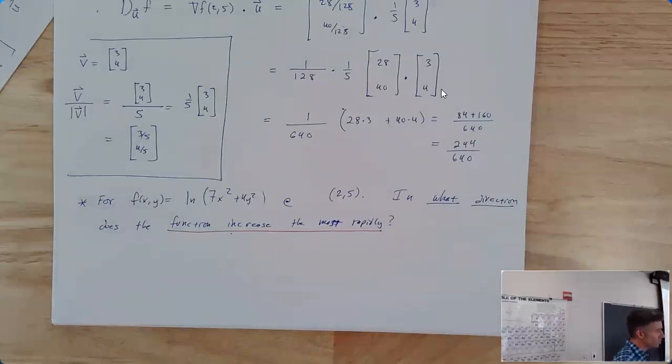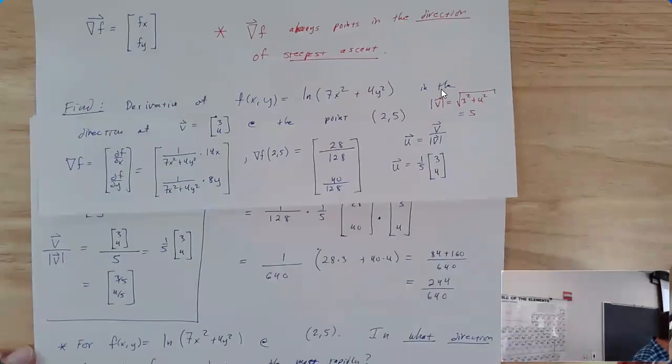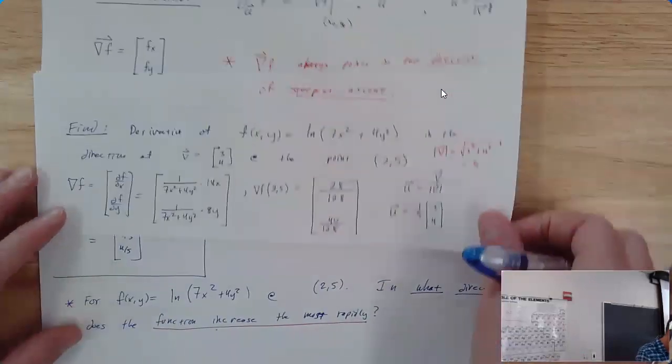The gradient. So when someone asks, in what direction does the function increase the most rapidly, or in what direction is the derivative the biggest, or in what direction is the slope the steepest, they're asking you for the direction of the gradient. Now let's be super duper careful here. Even though I would really, really like to answer it this way, the answer is technically not just what we found for the gradient before.